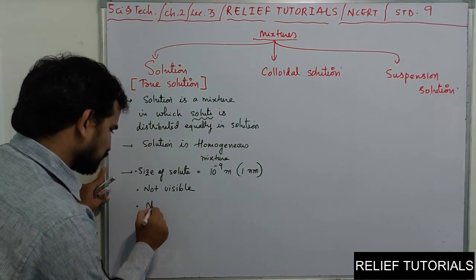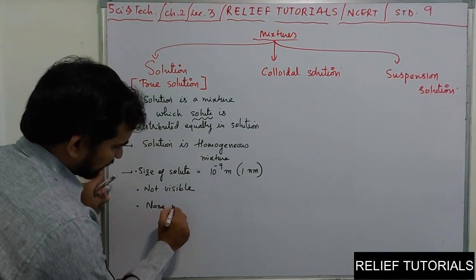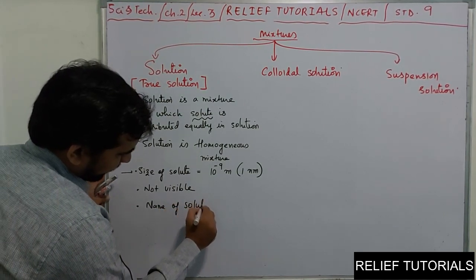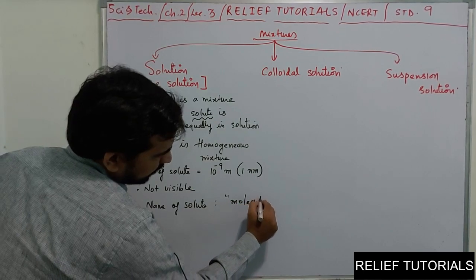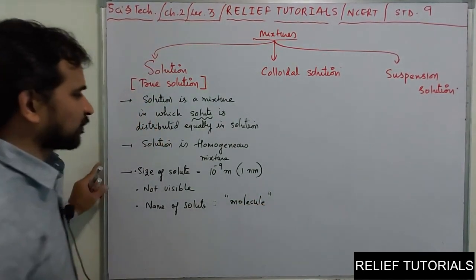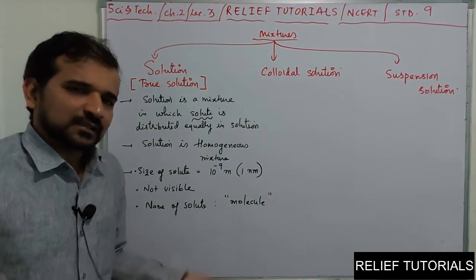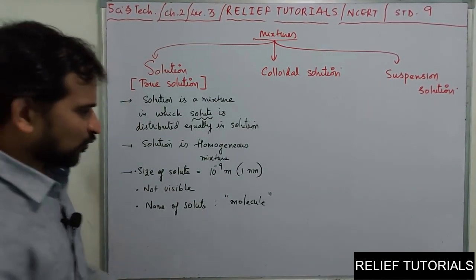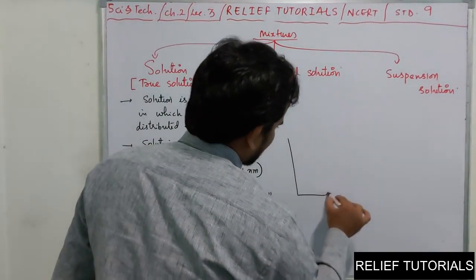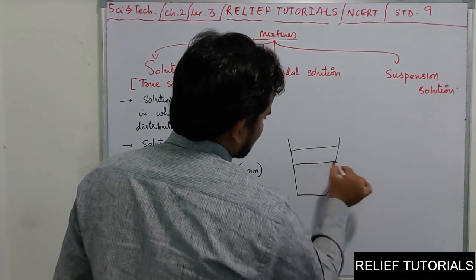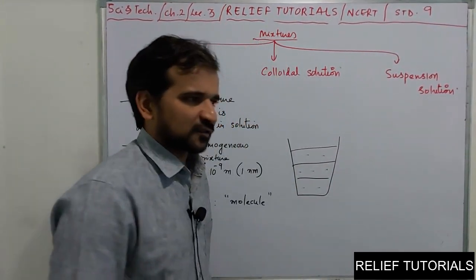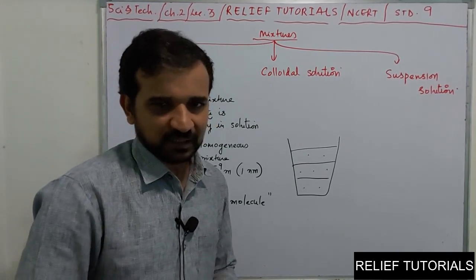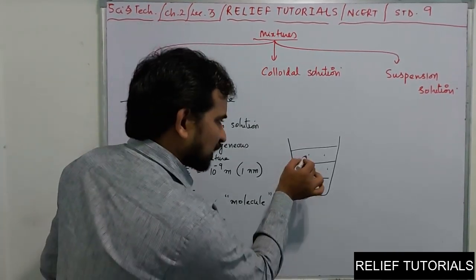These solute particles are known as molecules. We can say that now the salt particles are converted into molecules. Because the particle size is very small, these salt molecules are extremely small, 10 raised to minus 9 meter in size, not visible because they are too small.